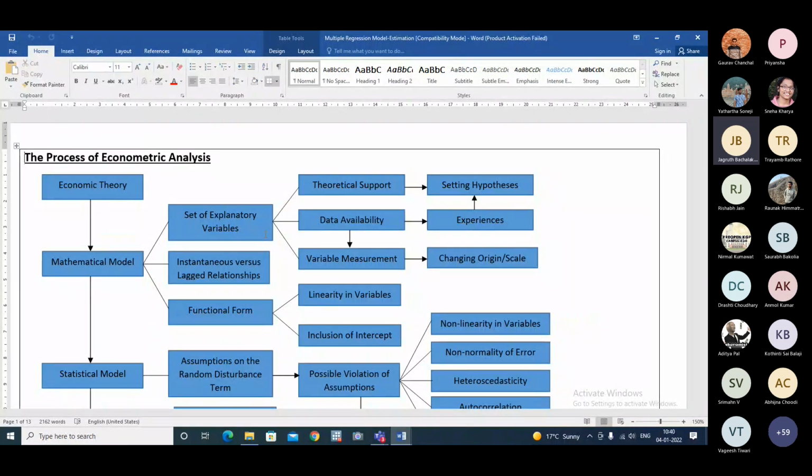But what happens in the case of the long-run consumption function? So these are some of the fundamental issues we need to be very, very careful about while expressing the economic theories in mathematical forms.